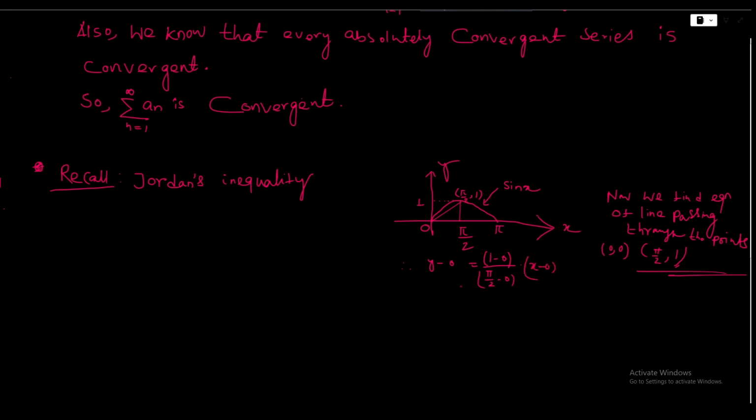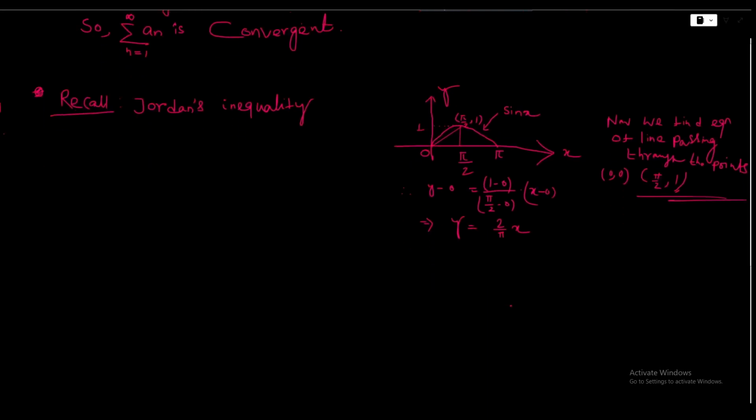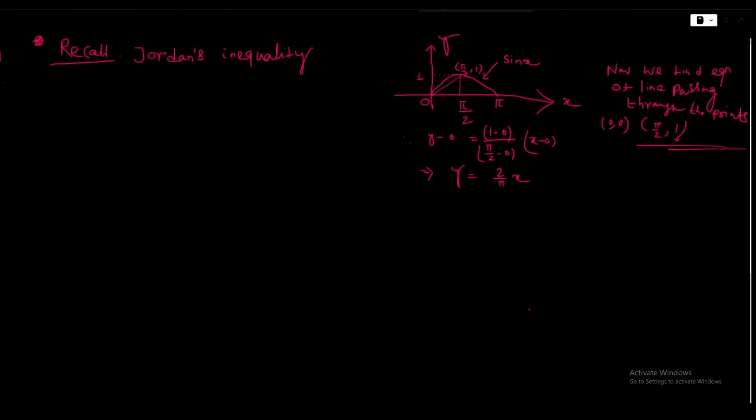So this implies y equals to 2 upon pi times x. So this is the equation of the line passing through the point (0,0) and (π/2, 1).